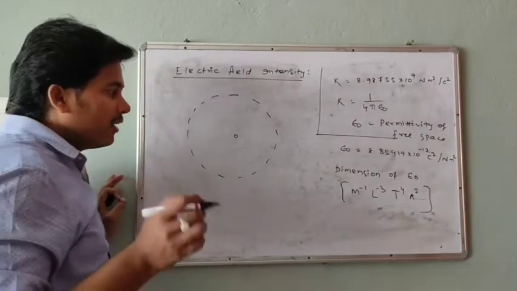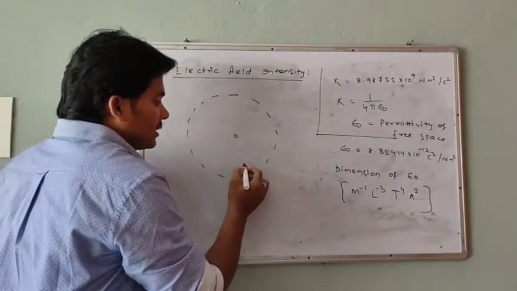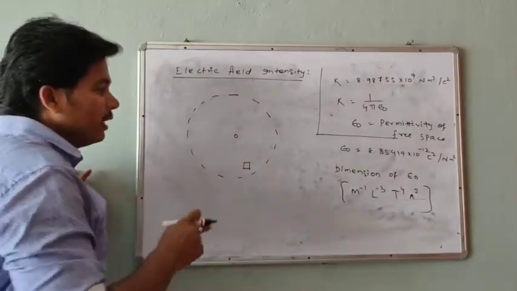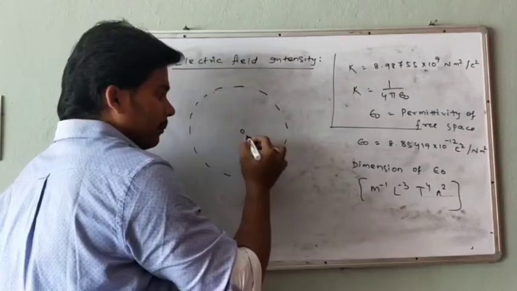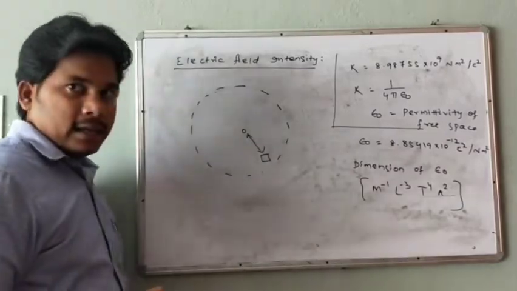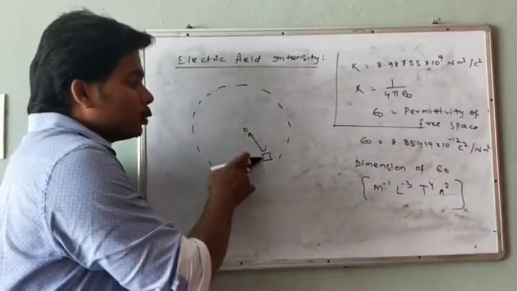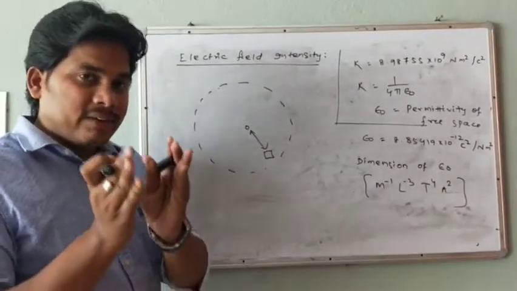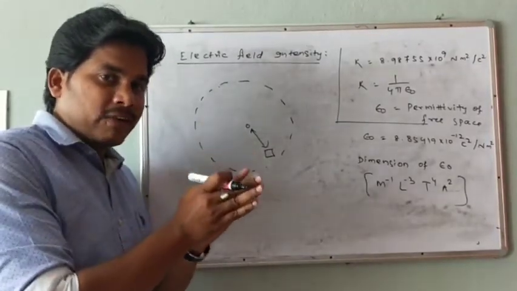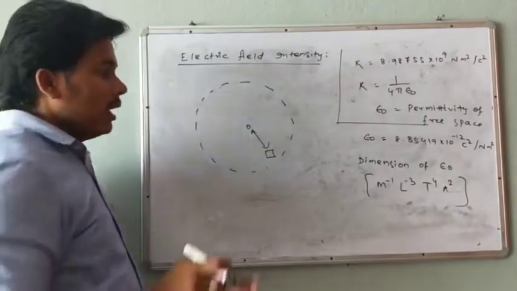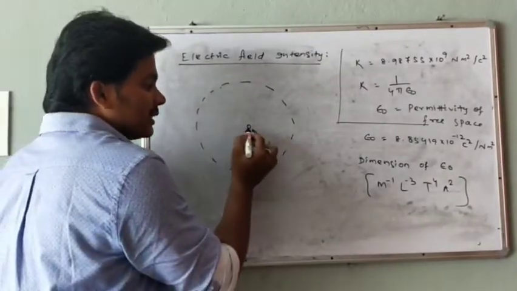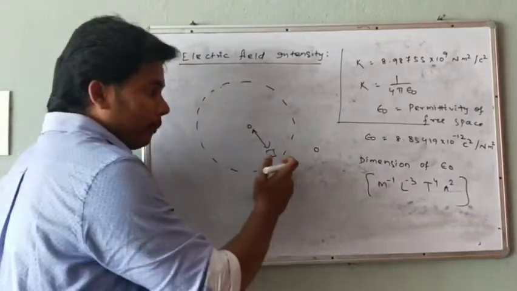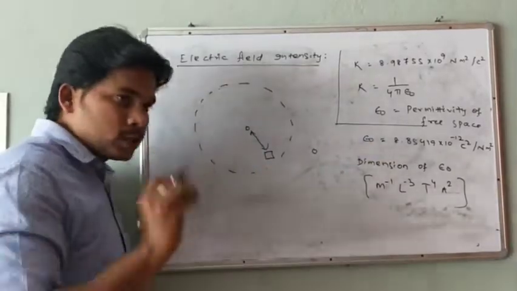Whenever any other charge is within that space, it will interact with that charge, with an electric force of attraction or repulsion. And if this charge is displaced to another place, its electric field requires some time to propagate.